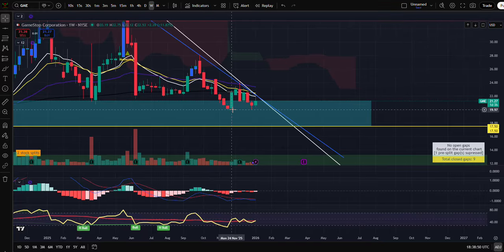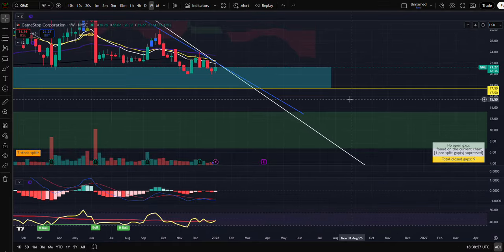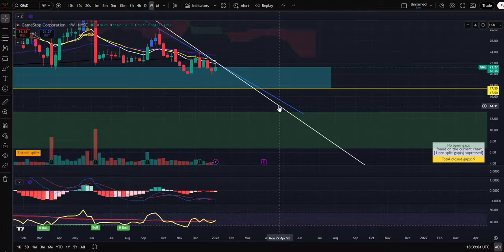If not, if it's rejected once or twice more, guys, I see it coming down to the bullish liquidity zone. And guys, what do you know? Are there any coincidences in trading? Guys, I don't think so.